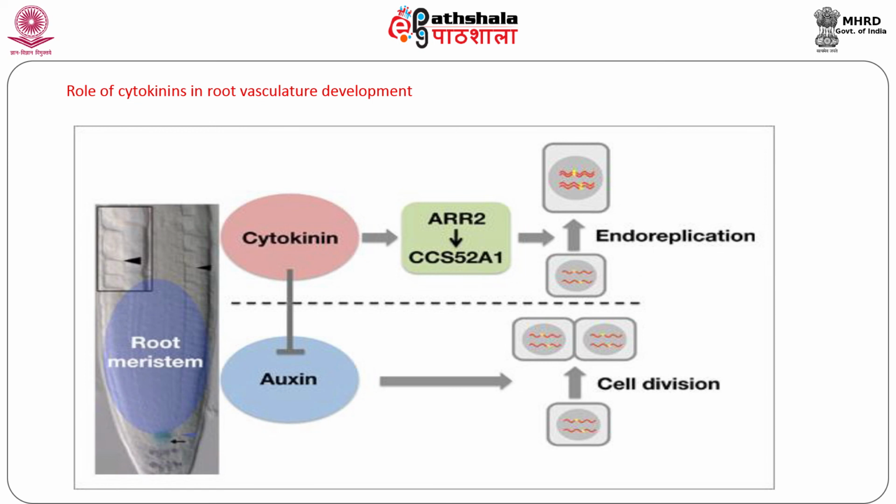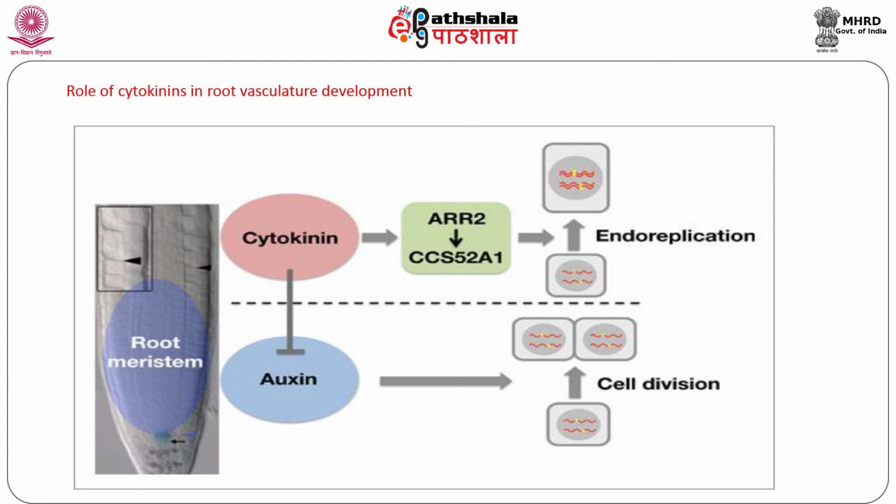Next, we will talk about the role of cytokinins in root meristems. Cytokinins also alter cell cycle progression in the root meristems. In the meristematic regions, cytokinins inhibit auxin signaling and promote cytokinesis.